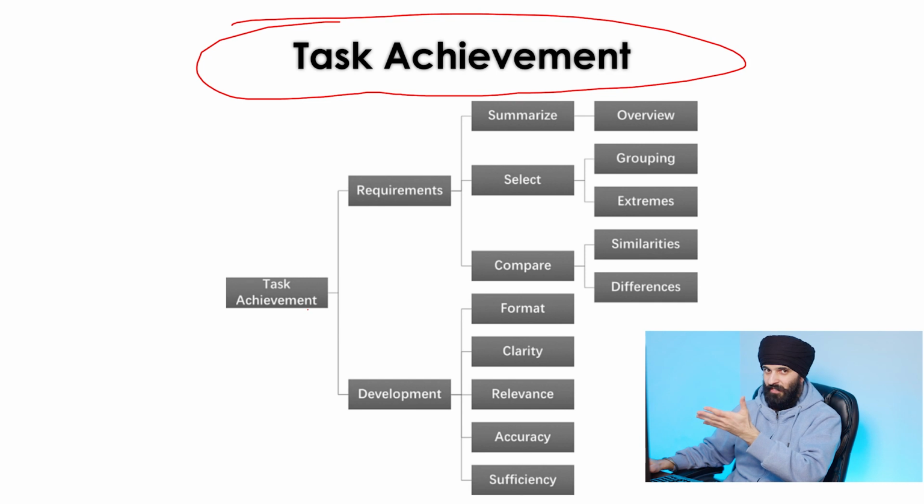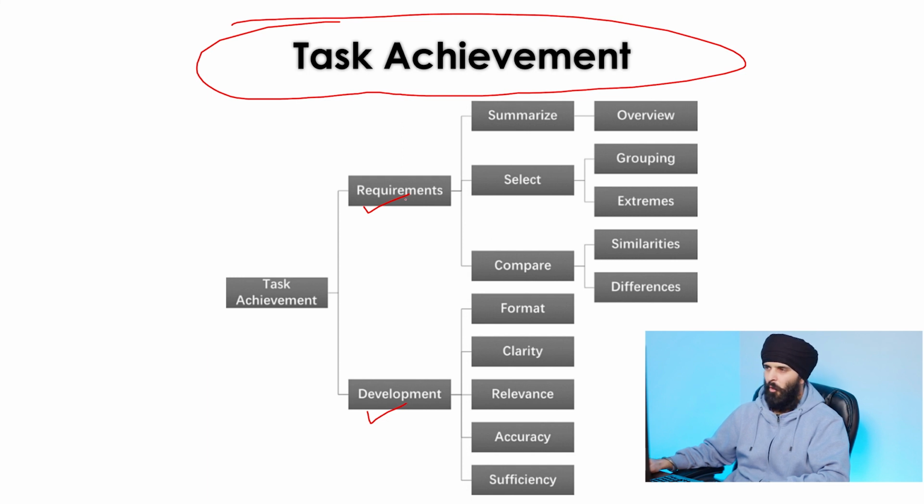Okay, so when we talk about Task 1, the way you're assessed is, have you hit task achievement? I'm sure you must have heard 1,000 times something called task achievement. This is what task achievement looks like. First of all, you have the requirements that you need to hit. And you also have the development that you need to do for your content.